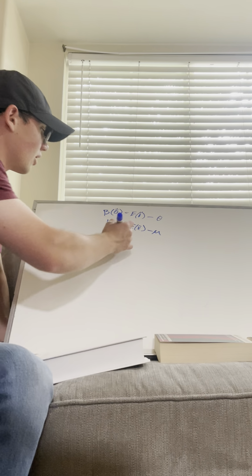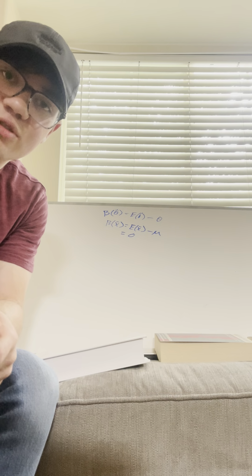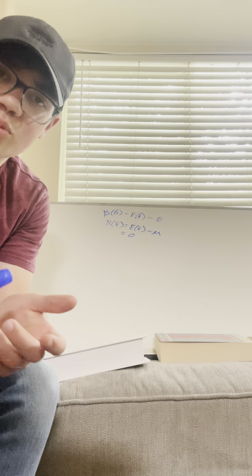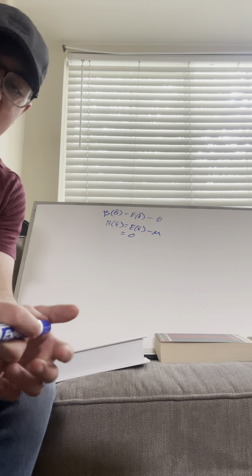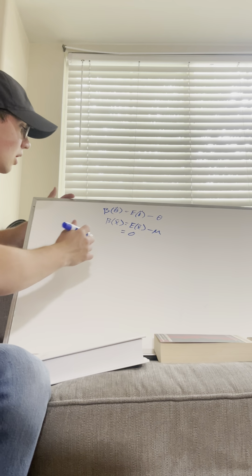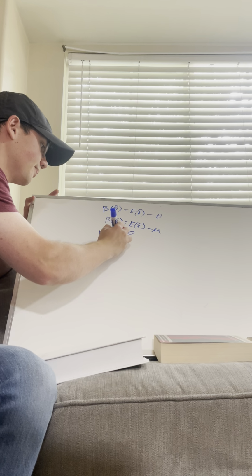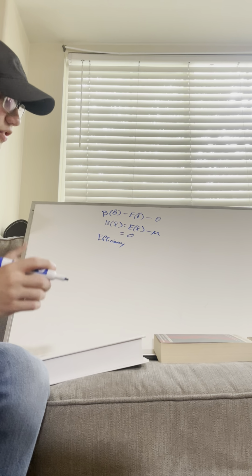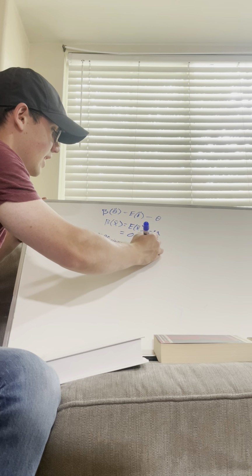X bar happens to be unbiased. The expected value of x bar is just mu. So mu minus mu is 0. The efficiency of an estimator looks at the variance of the estimator.